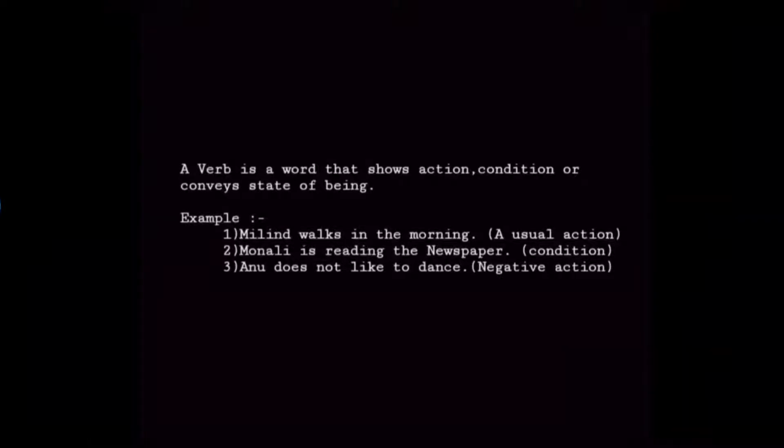Monali is reading the newspaper. Here there are two verbs, the helping verb and the main verb. Helping verbs are the verbs which connect the subject with the action and with the rest of the sentence. Here is is the helping verb and reading is the main verb.